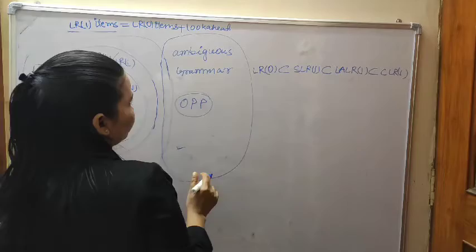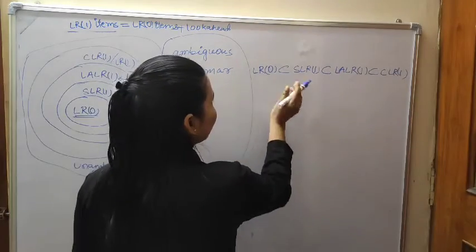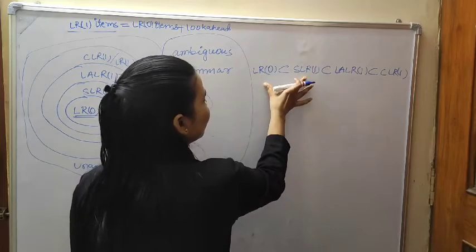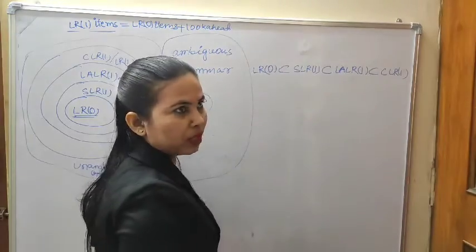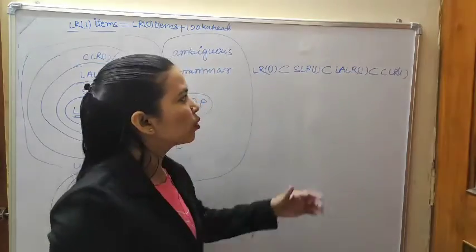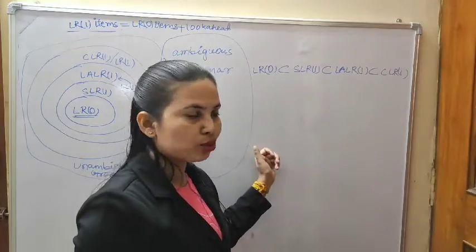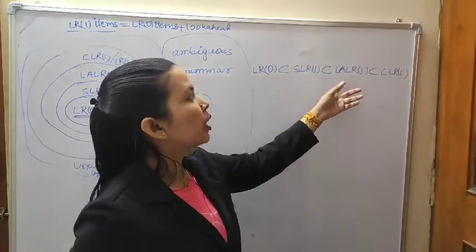Now if you check it in the steps, you can see that these two steps are the same. Here also it will be the same, because we are merging. If the look ahead is different but the production rule is the same in the reduced part, then you can merge it.